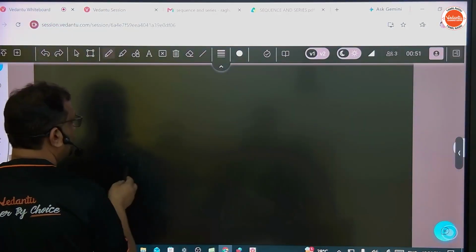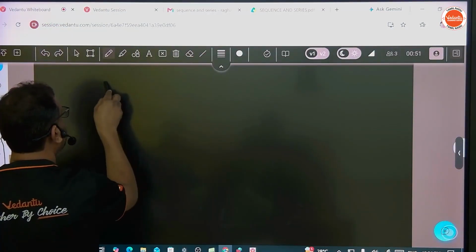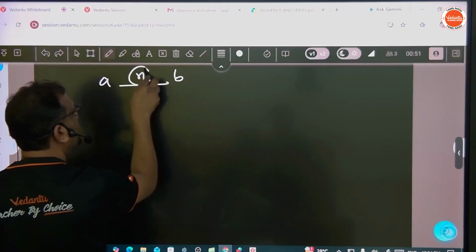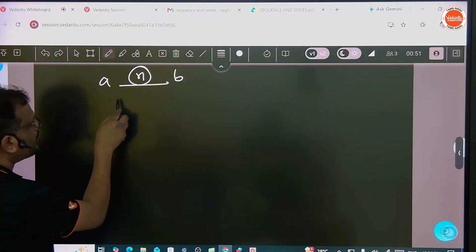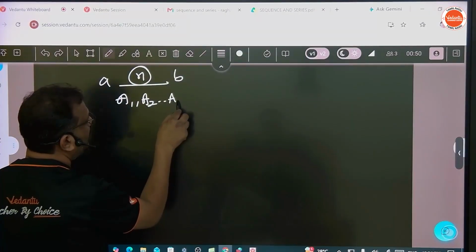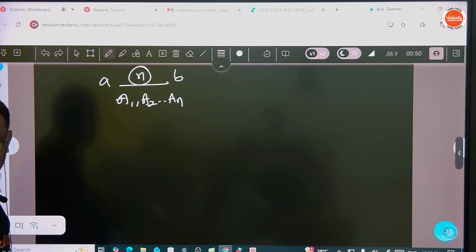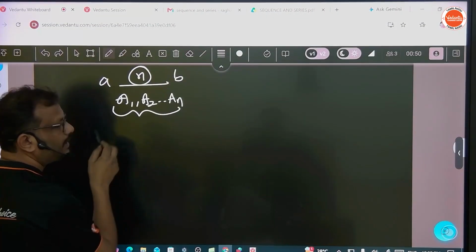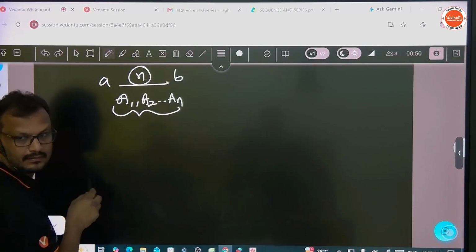So for example, A and B are the two numbers, and we are inserting n numbers between them. Those numbers are A1, A2 and so on, n numbers. What will be all these numbers? First number is A plus d.